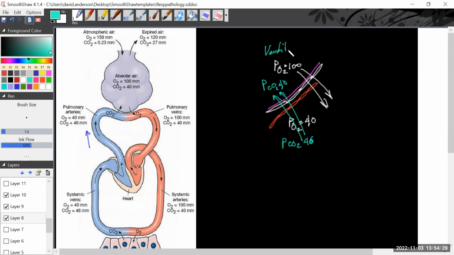Ventilation, perfusion. You might remember that there's such a thing as a ventilation perfusion ratio.